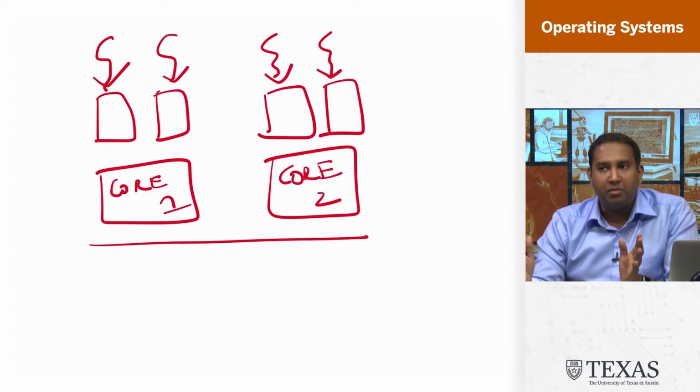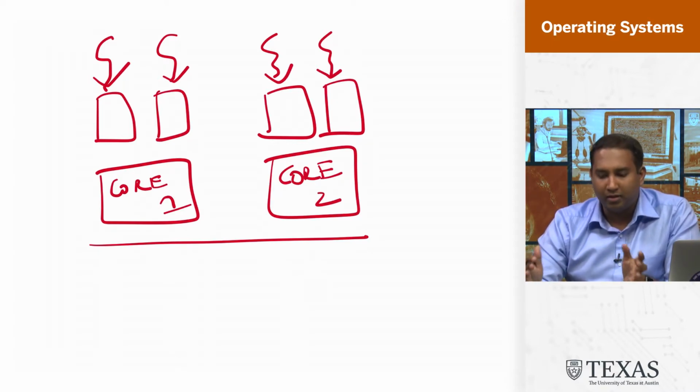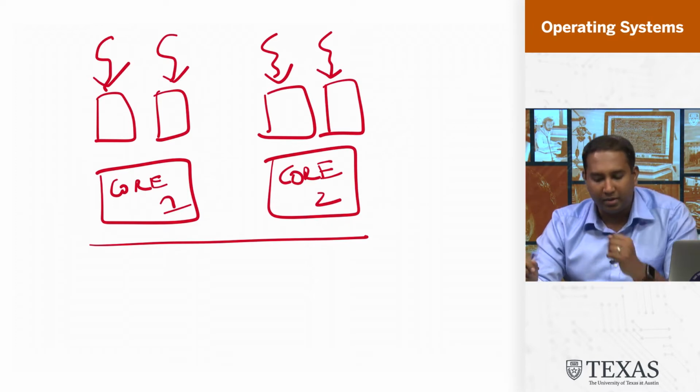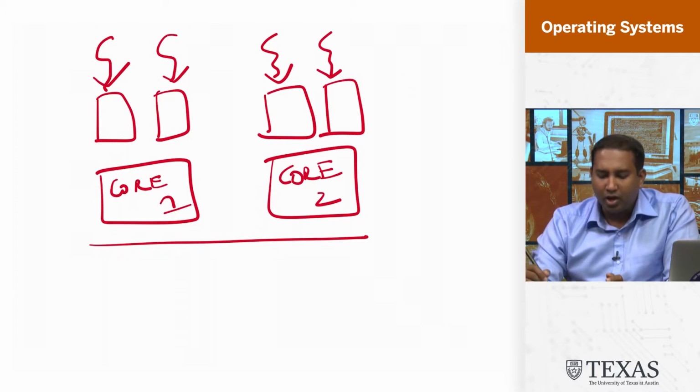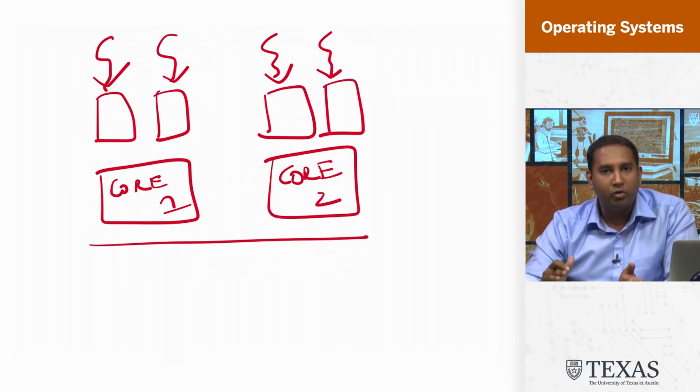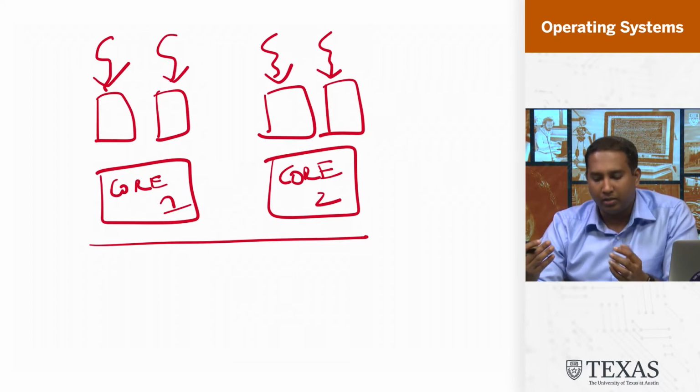This means simultaneously you can run 4 threads, or 4 processes, at the same time. So when you're running a web server on this machine, you want to use all 4 hardware threads at the same time. You want to keep all your cores utilized.